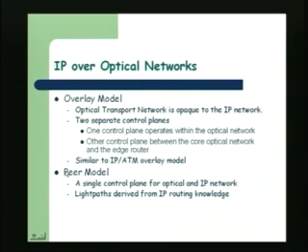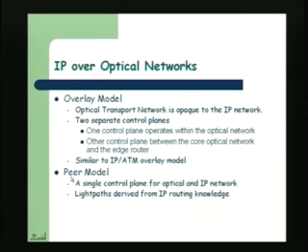But then we have a peer model where there is a single control plane for optical and IP networks, and optical routes, or what are called light paths, are derived from the IP routing knowledge. There are no two separate control planes. Now, here there is an important point to make.